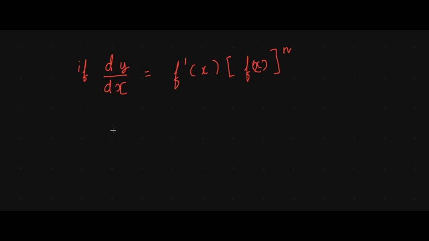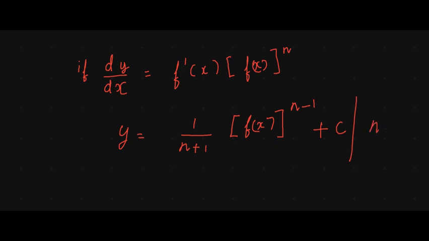In that case, y is supposed to be 1 by (n + 1), multiplied by the function of x, any function of x by the way, to the power of n + 1, plus c. Here again c is a constant and n cannot be minus 1.